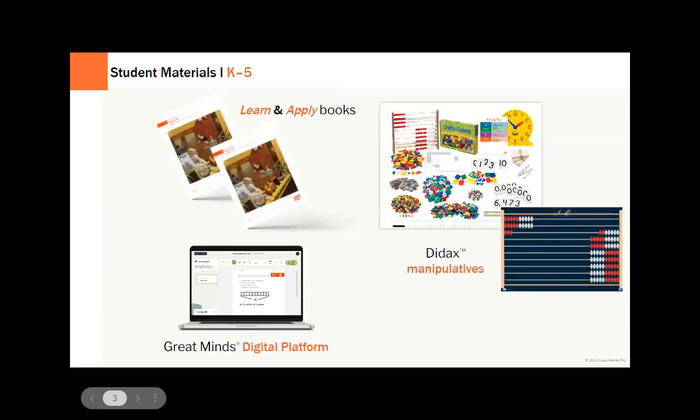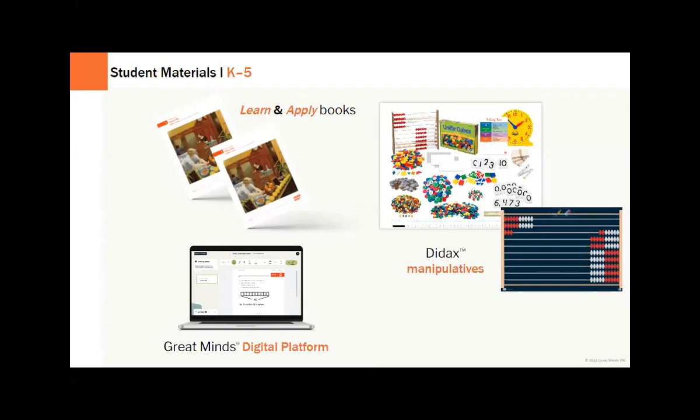So some of the materials our teachers and your children have access to are those manipulatives. As you can see from the screen, they're called didacts, but you'll see manipulatives. You may have heard of unifix cubes or the clock where they're going to work on telling time. They have the dry erase boards that they will write on and use manipulatives.